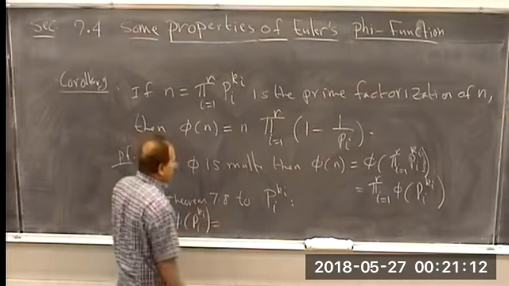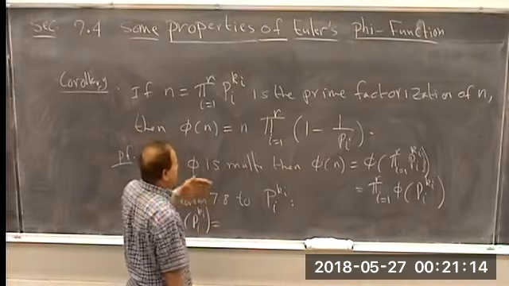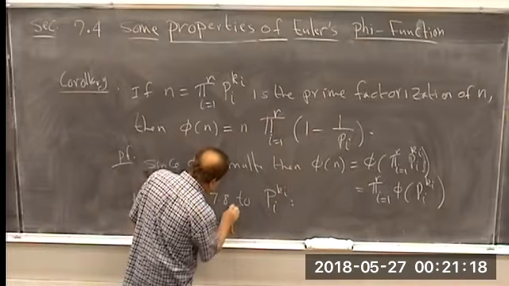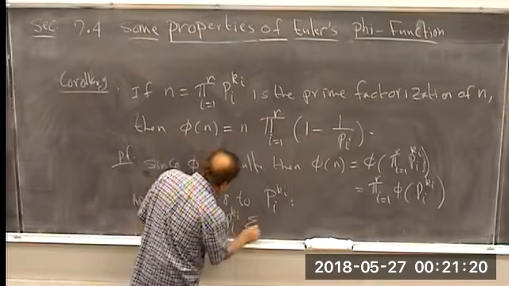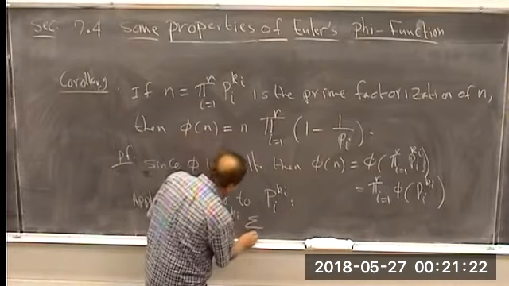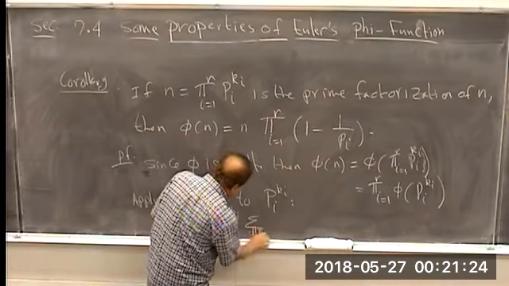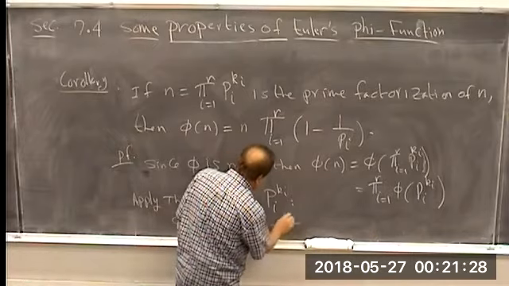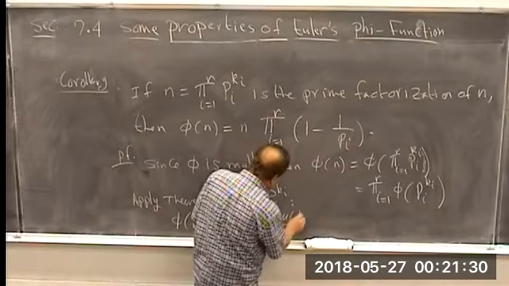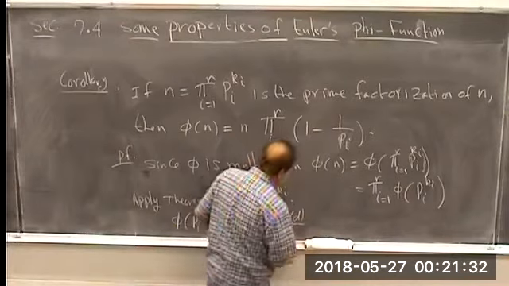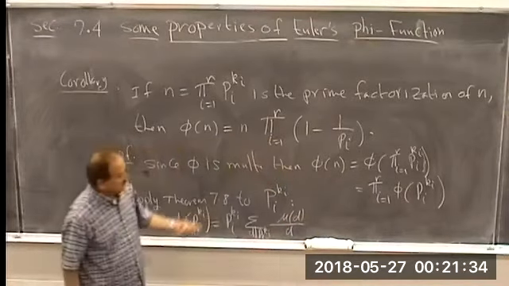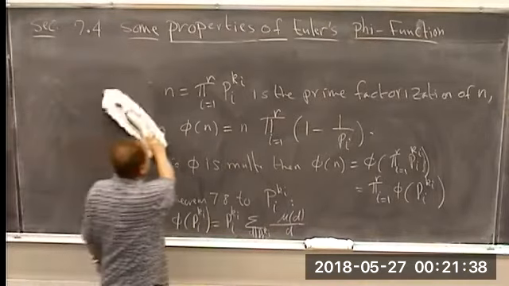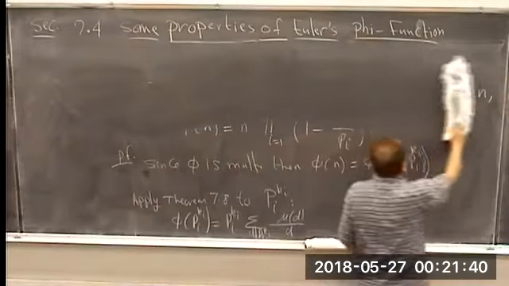This is equal to, remember the formula says n, so p sub i to the k sub i, times the summation over d dividing p sub i to the k sub i of mu of d over d. Well, let's look at what's inside the summation. Once we have that, then we're all done.